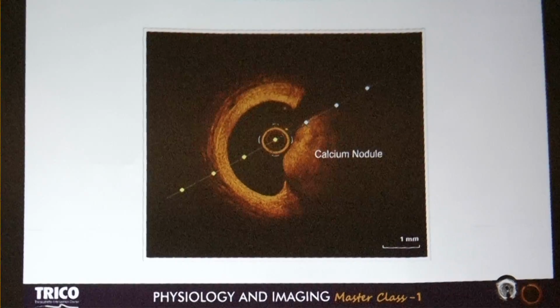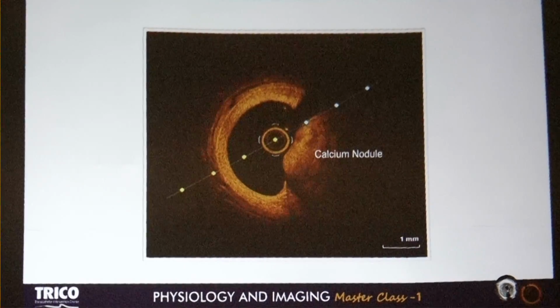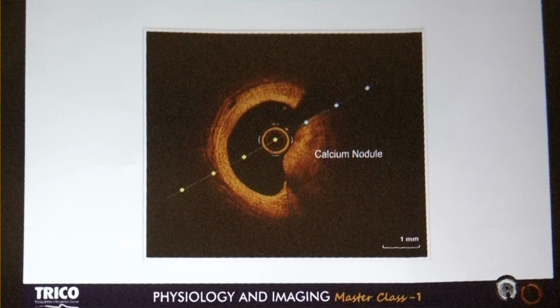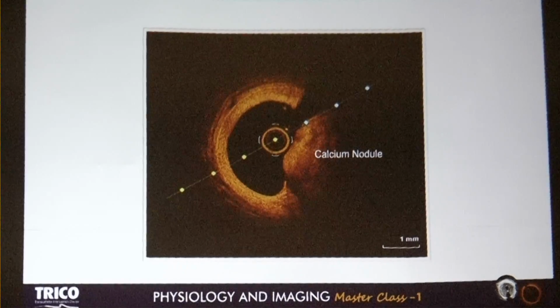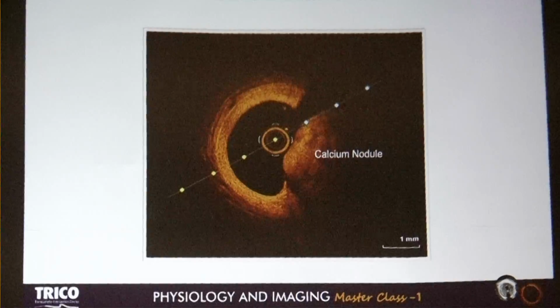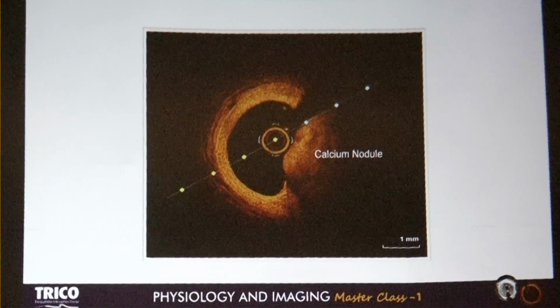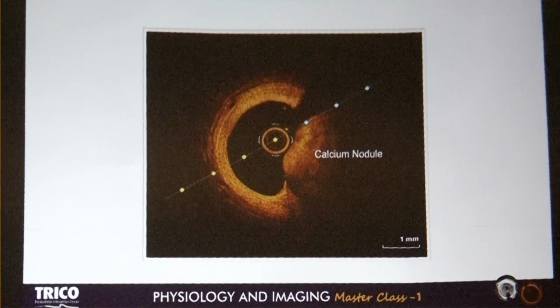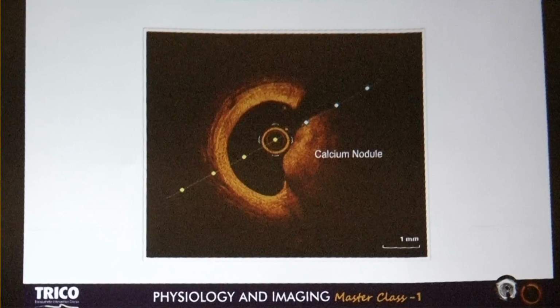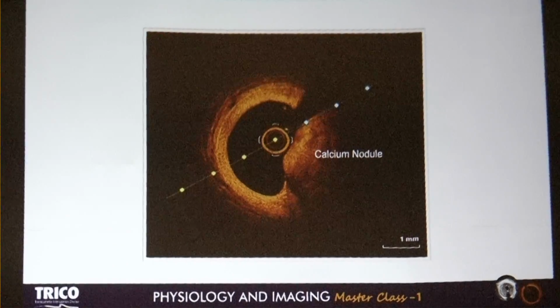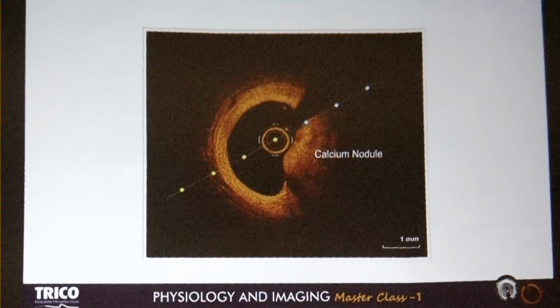But from 1.75 bar, it could not ablate this. So I don't know the thickness of the calcium or what. And here I am sure that lithotripsy might not have worked in this calcium, because so many of the pulses would have been wasted in this region. Yes.